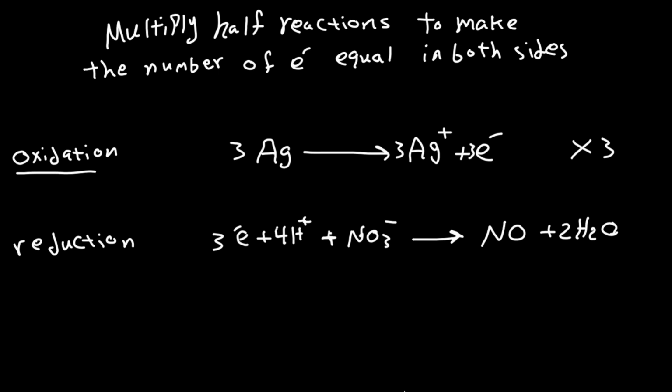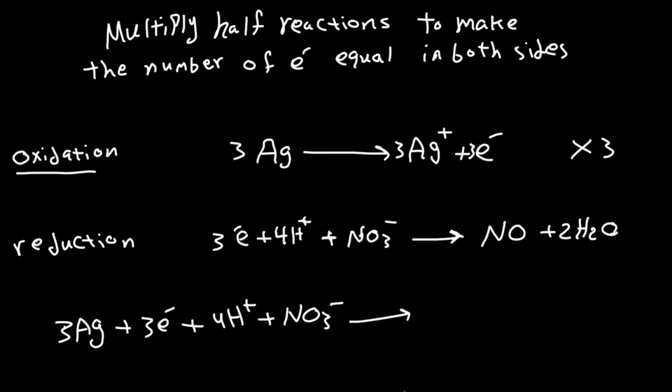The final step, let's combine them together. So we have 3 Ag on one side, and on the other side we have 3 Ag plus and 3 electrons. On the reactant side we have 3 electrons plus 4 H plus plus NO3 minus, and on the product side NO plus 2 H2O.